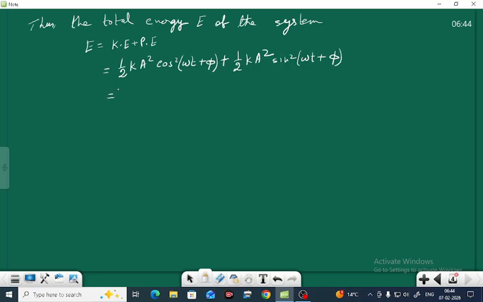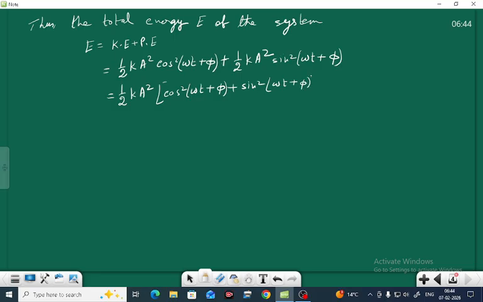If we take half k a square as common, then we get cos square omega t plus phi plus sin square omega t plus phi.